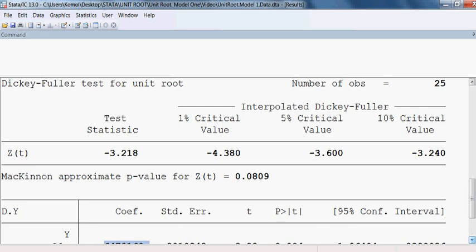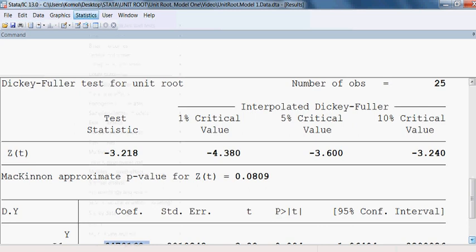Okay. Now we check our third model of Dickey-Fuller. The third model has neither intercept nor trend, right? Okay, how to check it?